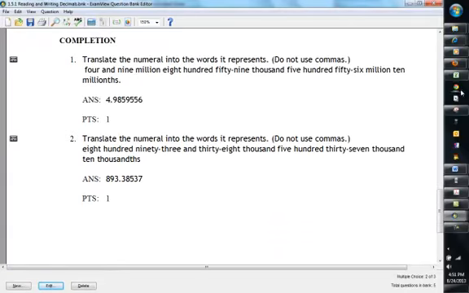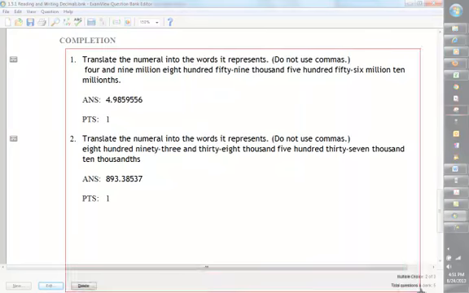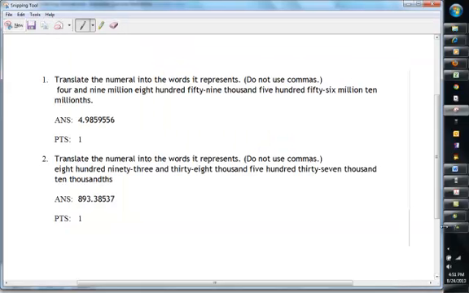So here we've got the same kind of a thing. 4 and groups of 3s, 9,800,000. Oh, I'm sorry, we're supposed to write the number. So 4 and 9, 8, 5, 9, 5, 5, 6, 10 millionths.